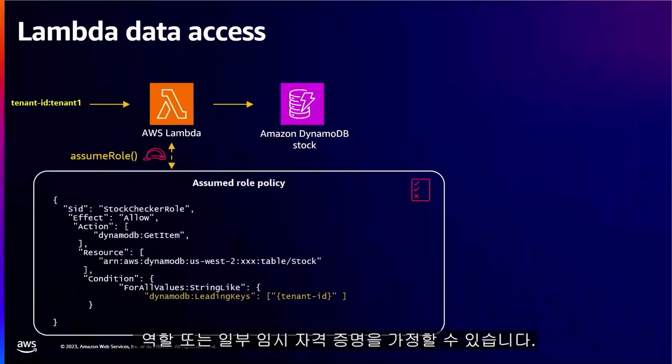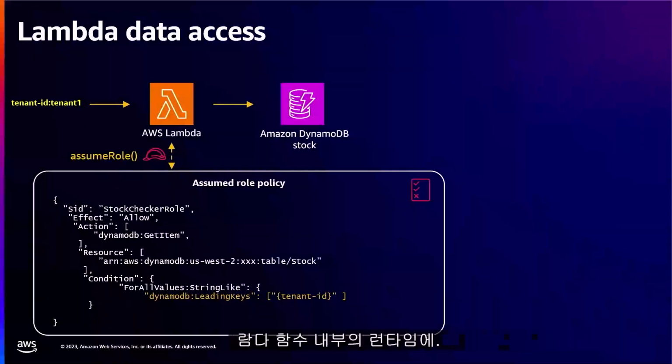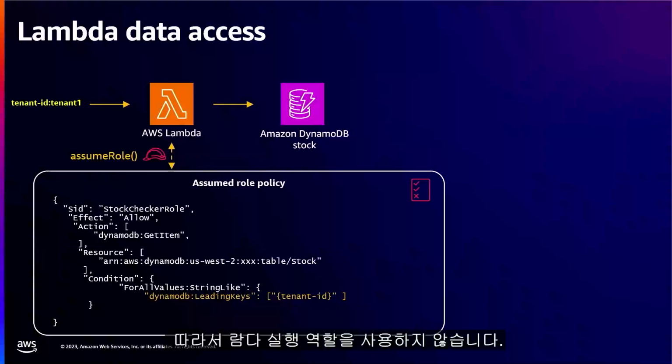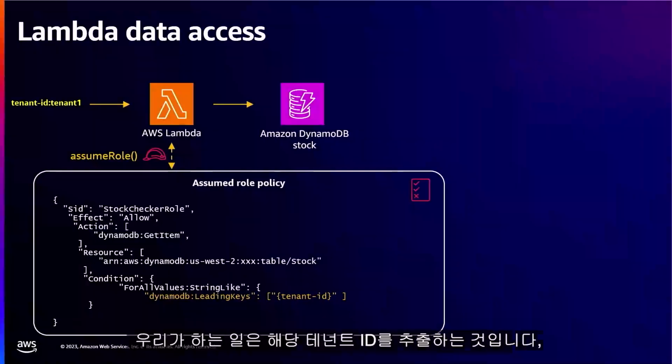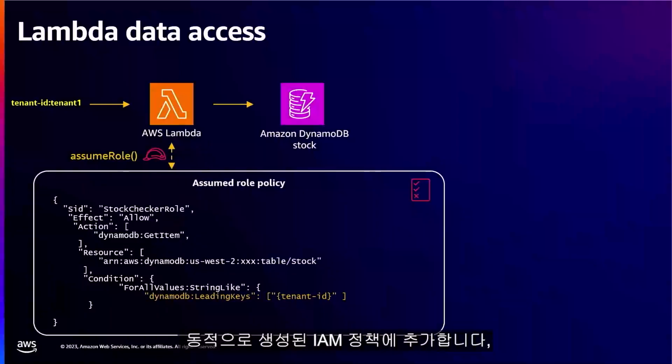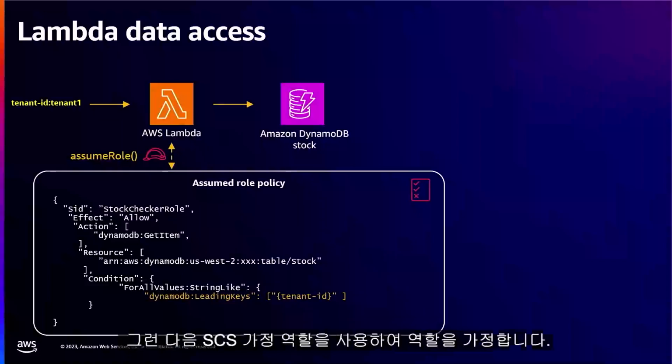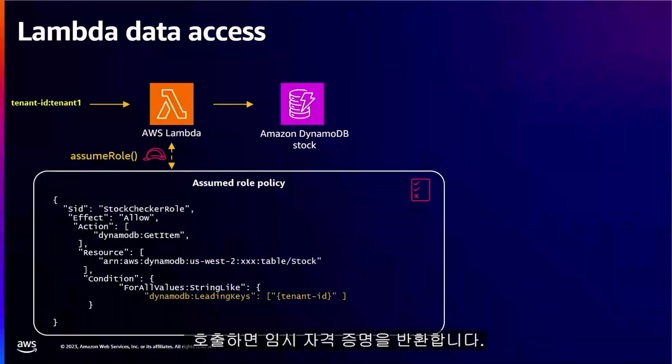We can assume a role or some temporary credentials at runtime inside the Lambda function. So we're not using the Lambda execution role to give permissions to DynamoDB. What we're doing is extracting that tenant ID, adding it to a dynamically generated IAM policy, and then assuming a role using an STS assume role call, which will return us some temporary credentials.